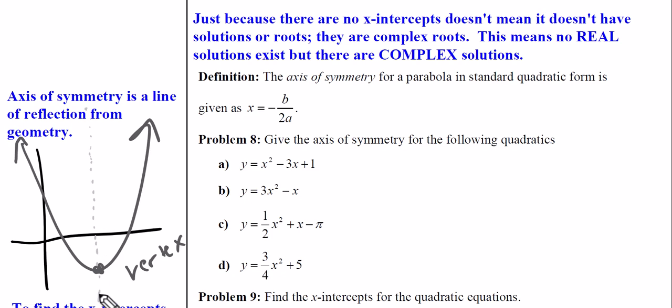We call this a line of reflection or a line of symmetry in geometry. So the axis of symmetry just cuts the parabola in half and goes through the vertex. This dotted line is the axis of symmetry.